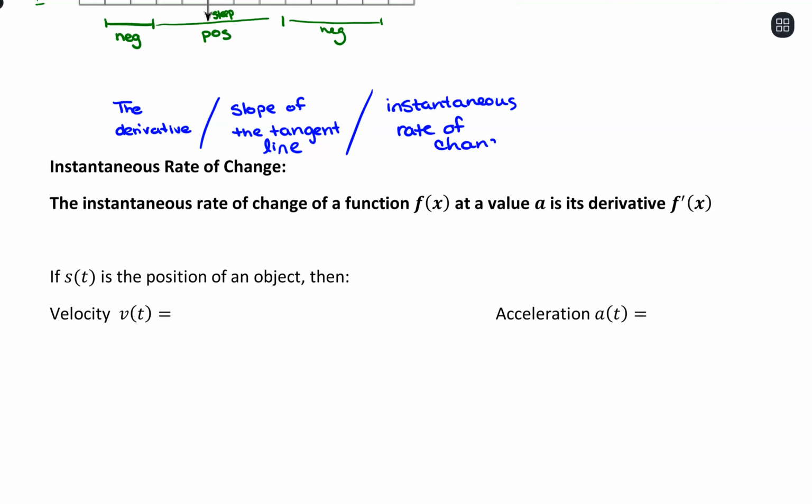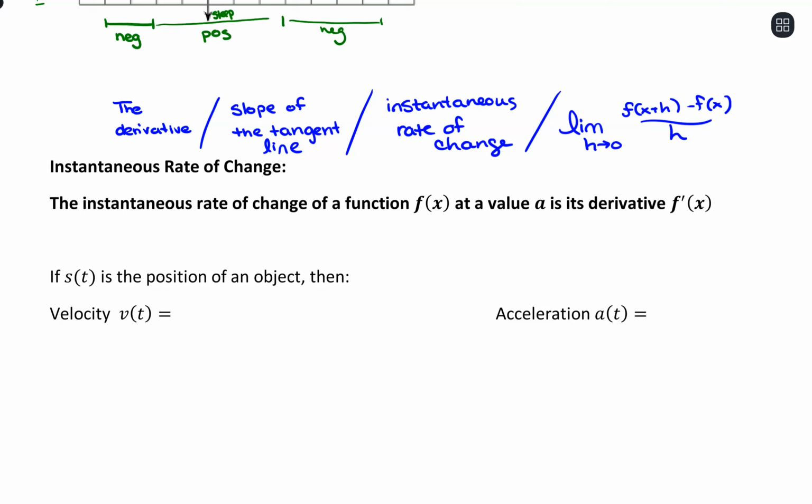And for now, what we're doing to calculate this is our difference quotient, the limit as h approaches 0 of f of x plus h minus f of x over h. All of those represent the same thing.